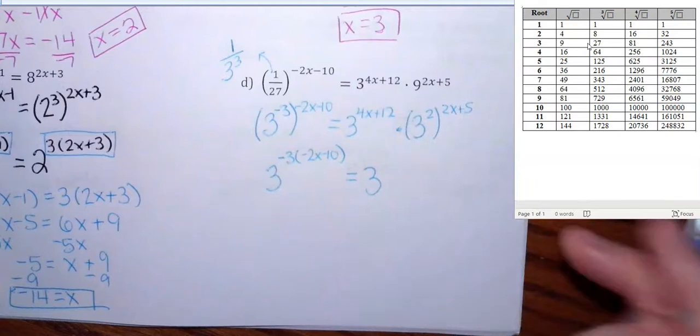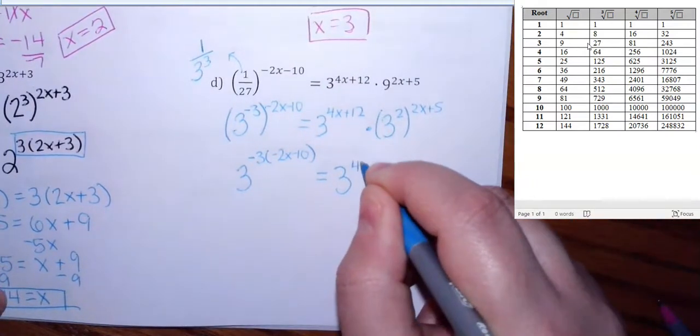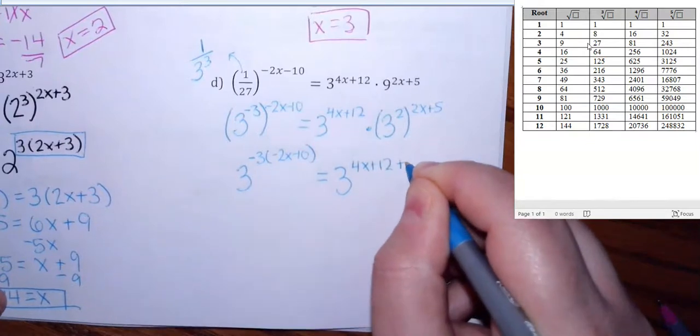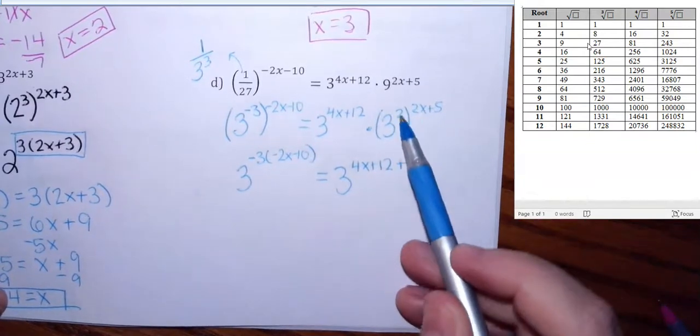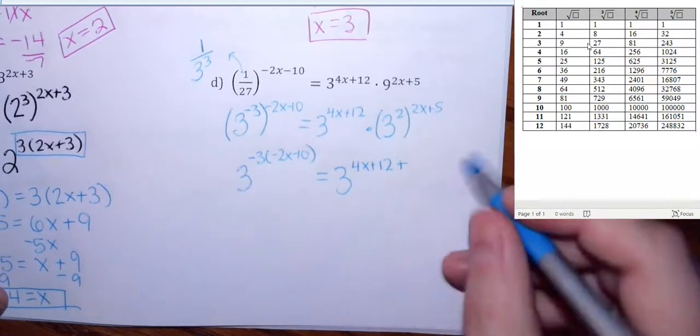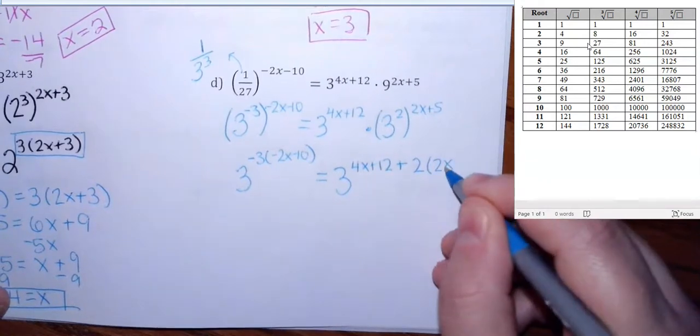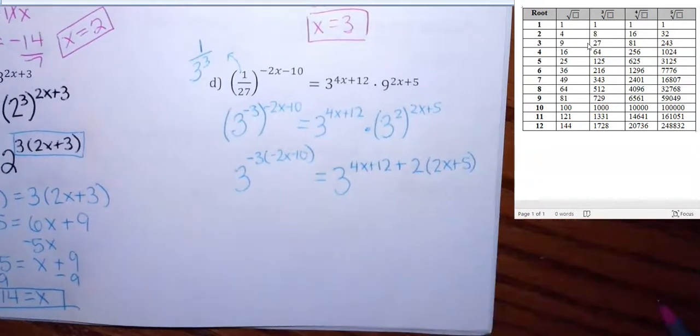So this is going to get kind of complicated here. So 4x plus 12 plus, now here I have to do that power to a power because I rewrote 9 as 3 squared. So this would be 2, and then don't forget the parentheses, times 2x plus 5. Okay, so a lot more complicated, but it's just going to be solving an equation.